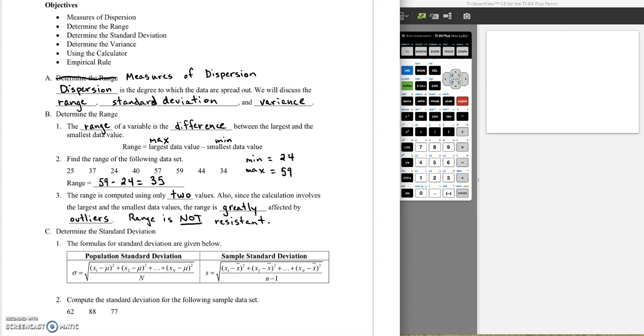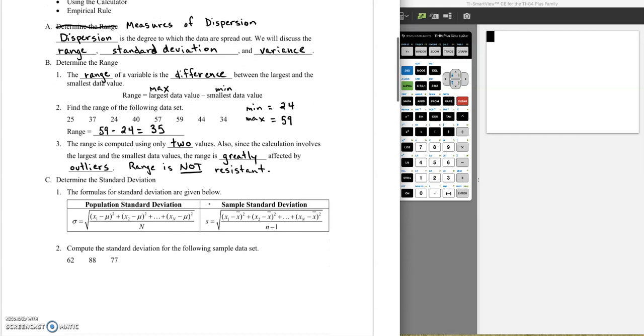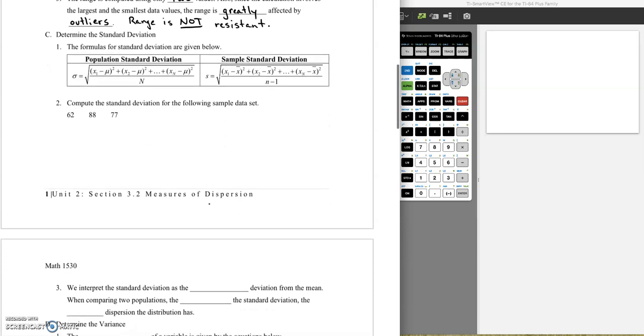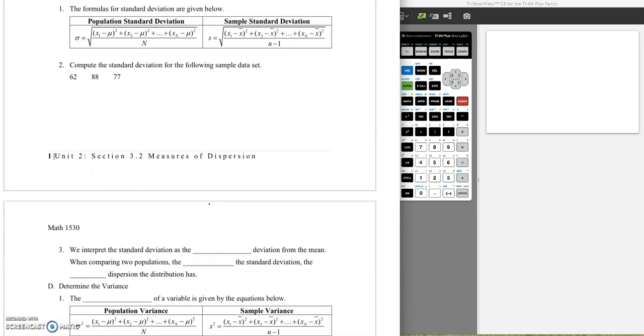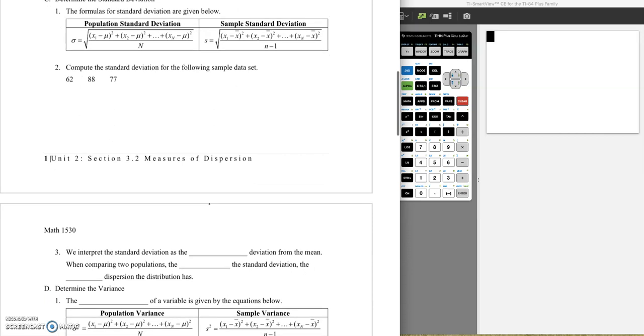Now let's talk about the standard deviation. So the formulas for the standard deviation are given in the table below. Notice population standard deviation uses the Greek letter sigma, and that one's actually a lowercase sigma.